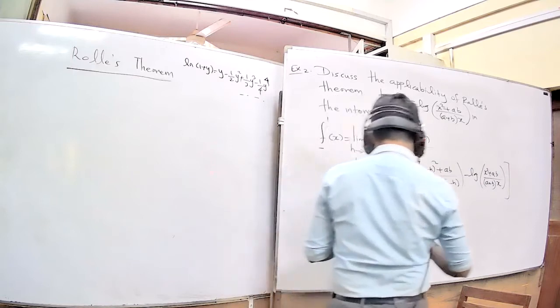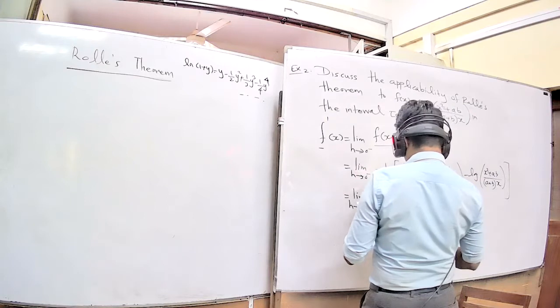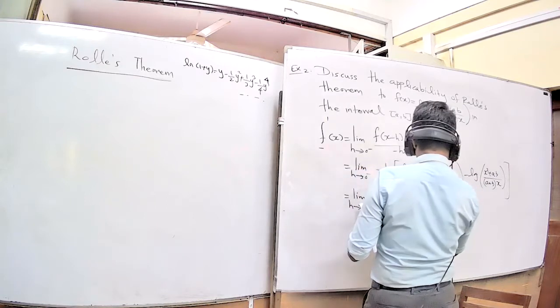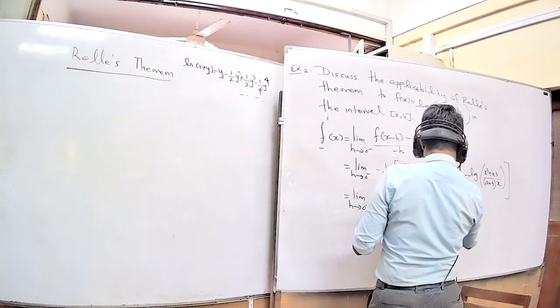Minus 1 over h here, log, you can expand this one: x squared minus 2hx plus h squared plus ab.